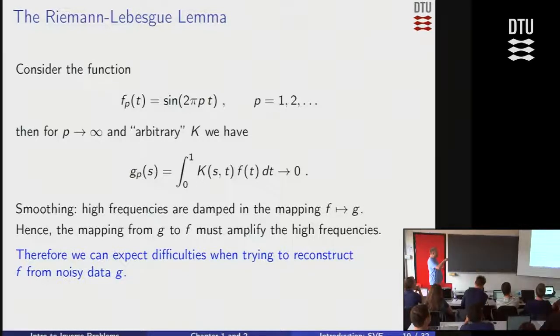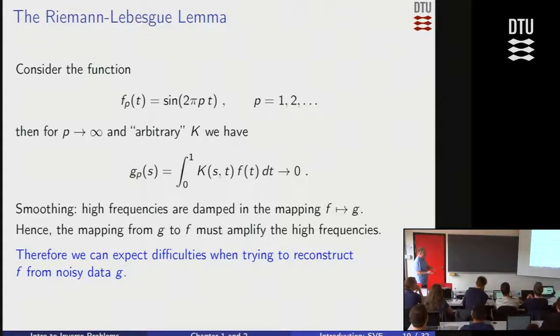We plug that into an integral there. We multiply with some kernel, some k. We evaluate that for different choices of p, and then we'll see that as p goes to infinity, that is for higher and higher frequencies, the amplitude of that function g goes to 0.